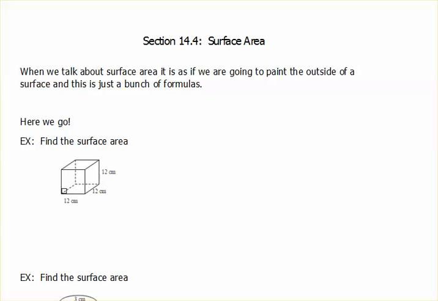This is a cube. And the formula for finding the surface area of a cube is 6 times the side squared. So whenever I find my surface area, it's going to be 6 times the side, which in this case is 12, squared.